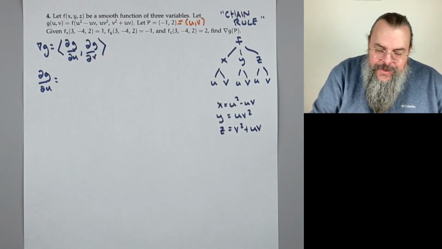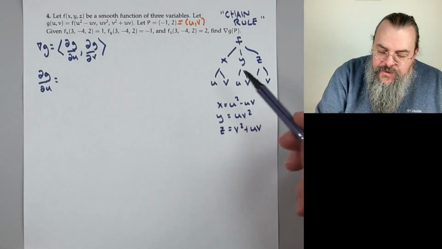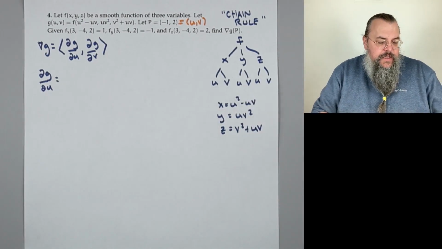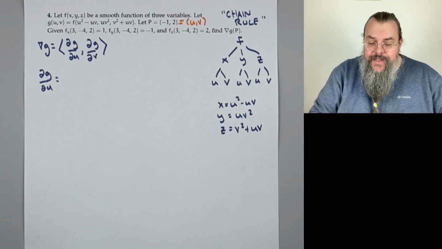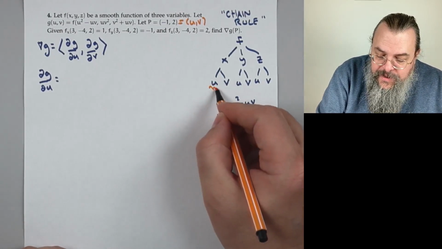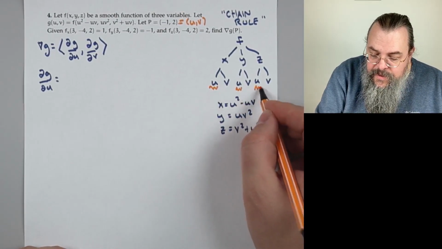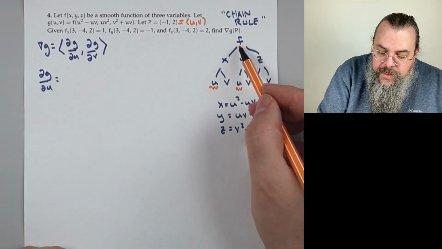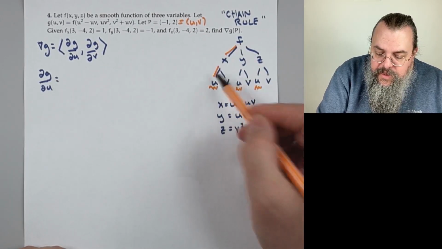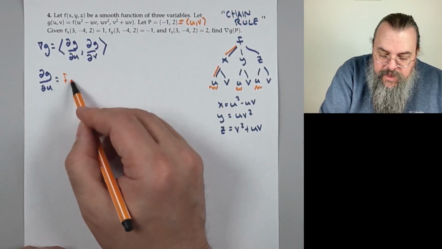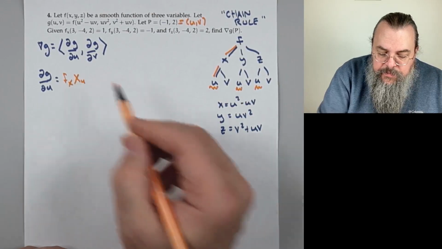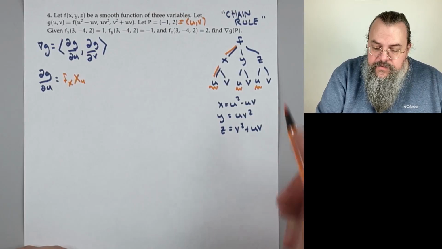I'm going to write down partial g, partial u. So, well, let's use our colors, right? So we would have what? Well, I'd go f sub x, x sub u. So I'm using subscripts here for derivative.